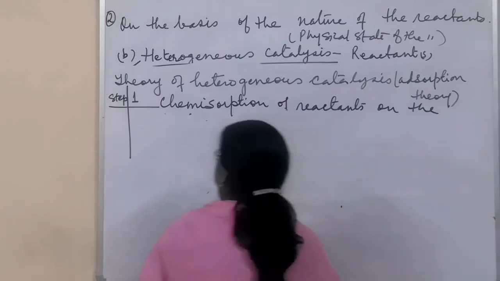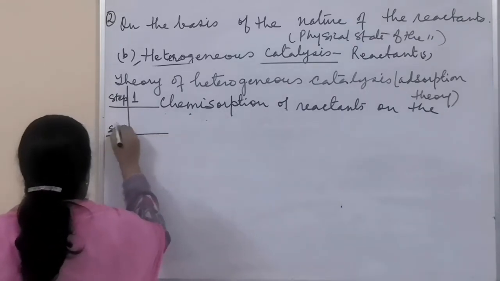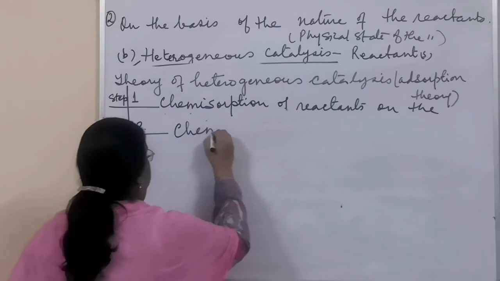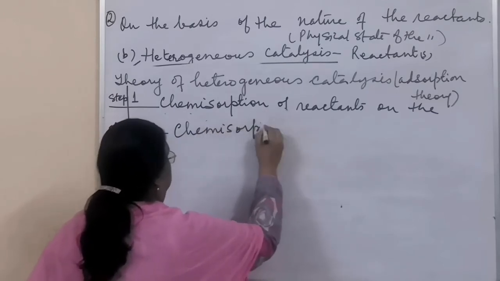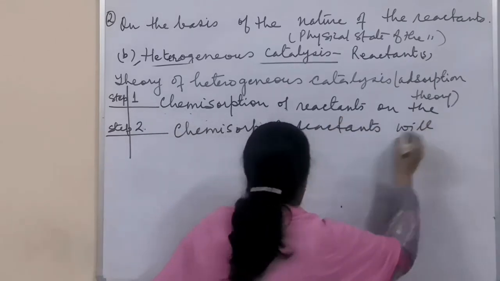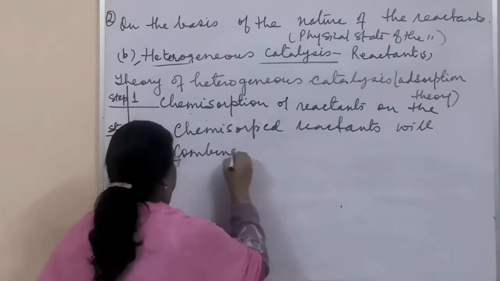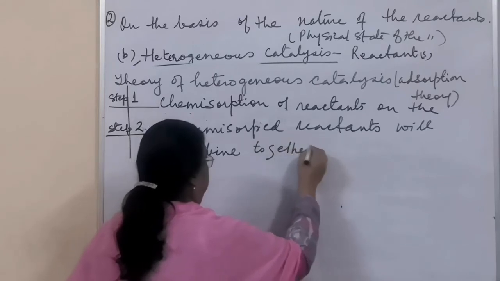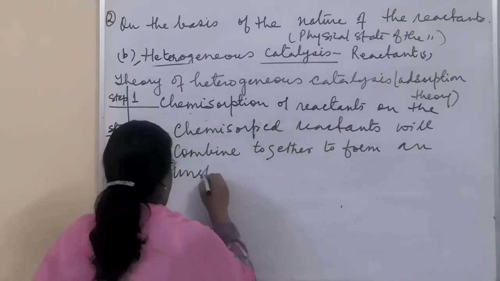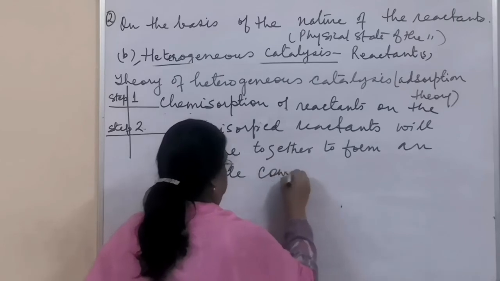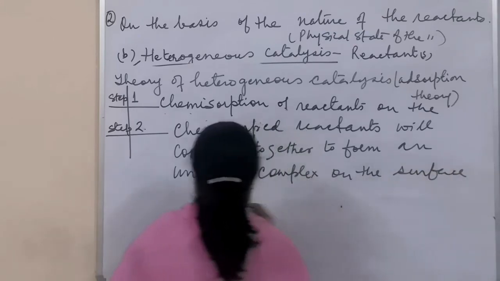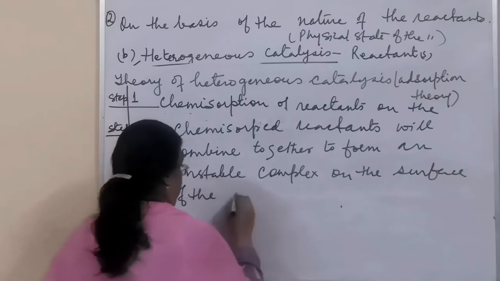Now, the next step, step 2. After chemisorption, the chemisorbed reactants will combine together to form an unstable complex on the surface of the catalyst.